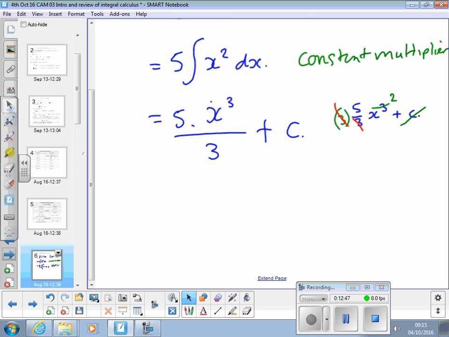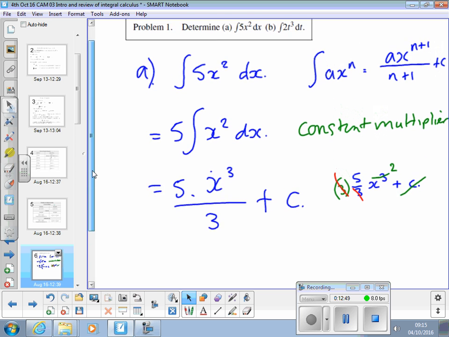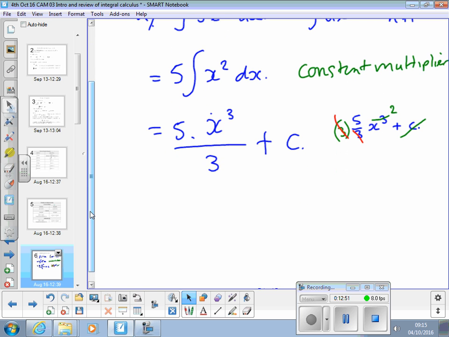What's the second one? The integral of 2t cubed dt. So what's the answer to that one?